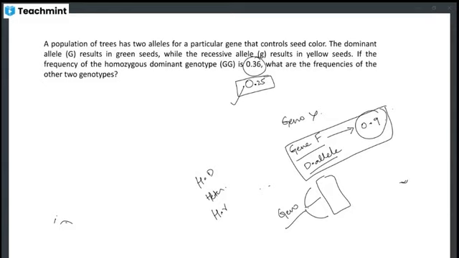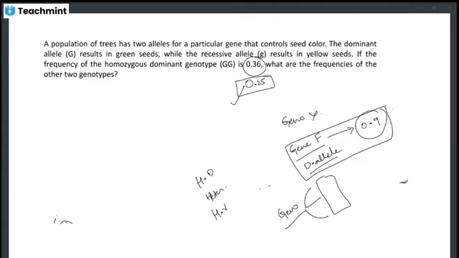Then what is the linkage group in case of Pisum sativum? Yes, 7. All right. So this you need to know, right?